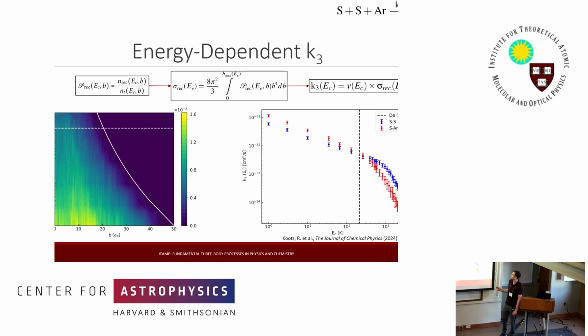In the low energy regime, we always see this power law behavior for the recombination rate. And then once we get to large enough energies that we surpass the dissociation energy of one of the molecules, we see a drastic decrease in the recombination rate. And so this is typical of pretty much every system that we study.